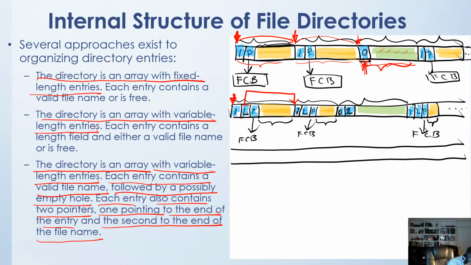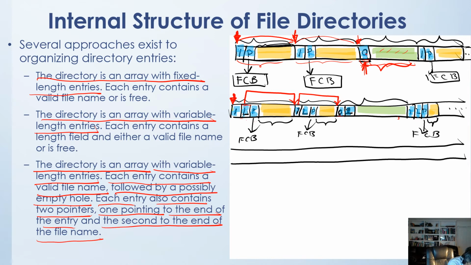So you actually go to the next entry, and based on the length of the entry, you go to the beginning of the next entry. And this is 0, that means this is a hole.